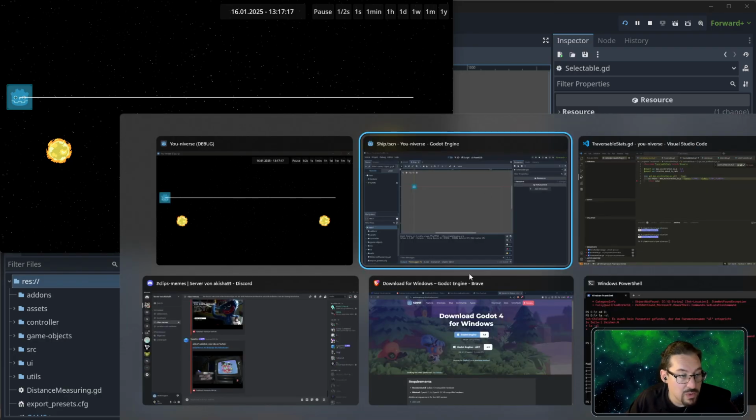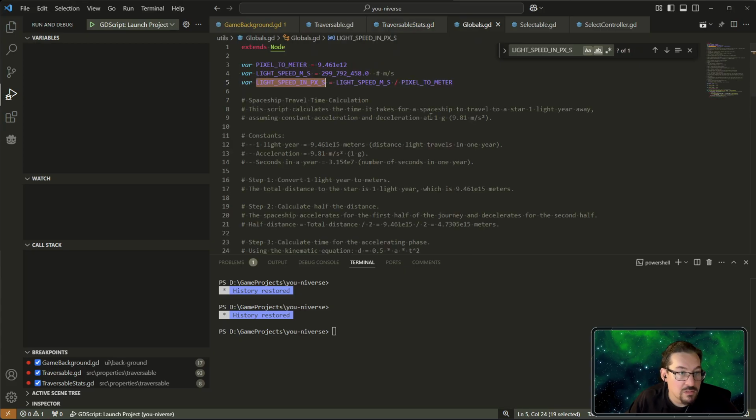So in my globals, I've got my light speed in meters per second, and I've got my pixel to meter, a very small number representing the amount of meters per pixel.